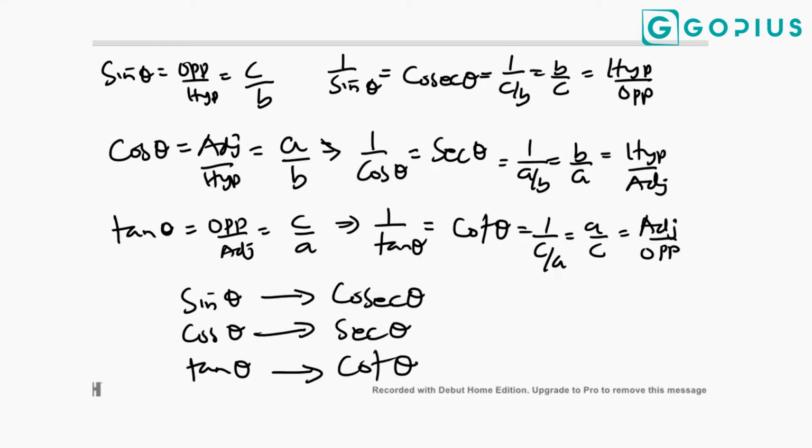These are the trigonometric ratios we have, 6 of them. The first 3 are the basic trig ratios: sine theta, cos theta, and tan theta. And taking each of their inverses gives you cosec theta for sine, sec theta for cos theta, and cot theta for tan theta. Those are the basic trigonometric ratios we have.